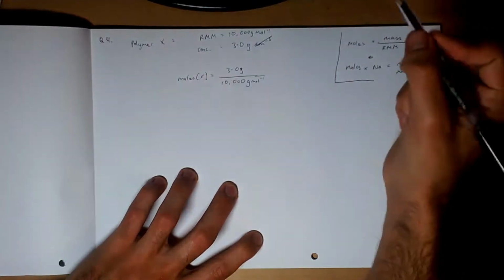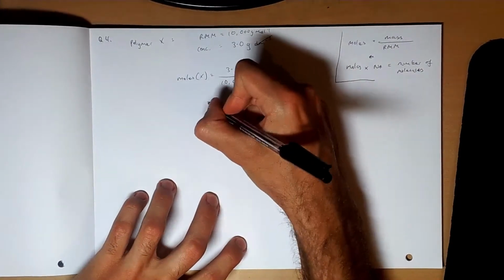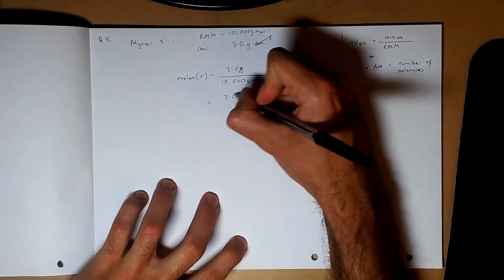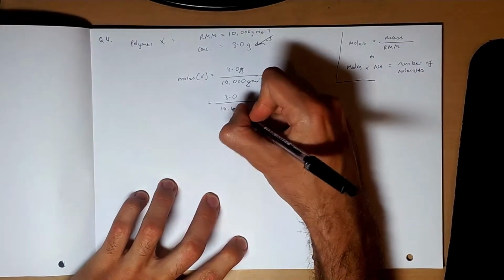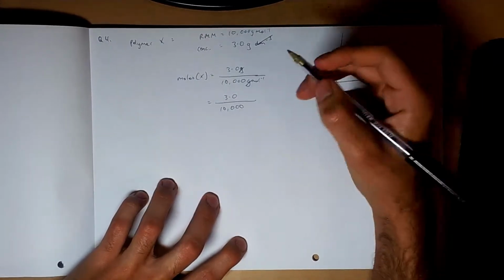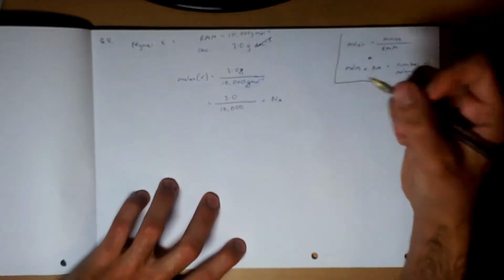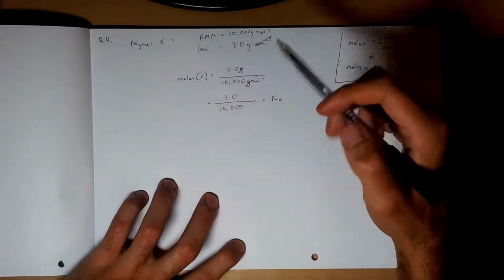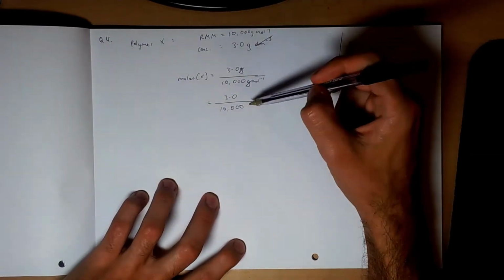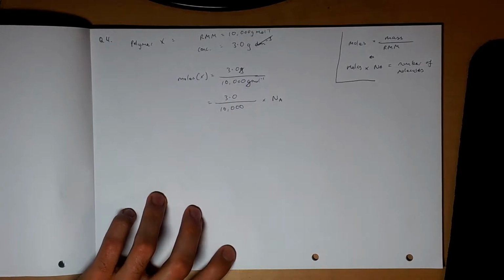So if we look again at this, we see that our grams cancel out, giving our number of moles to be 3.0 divided by 10,000, and to get our number of molecules we multiply by Na. It's tempting to immediately go to the calculator and work out this figure, but for this question it's best to wait and see if anything cancels out when we collect all our terms.